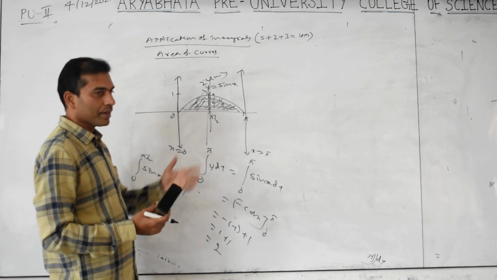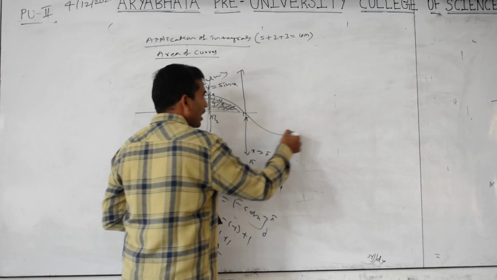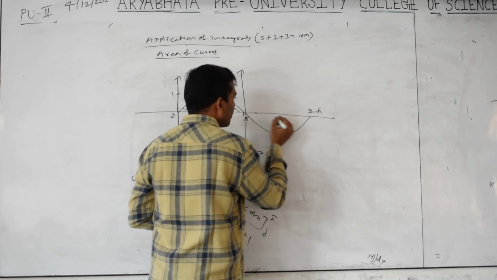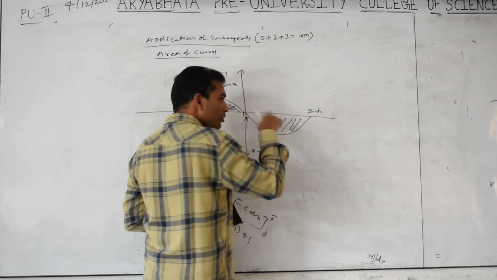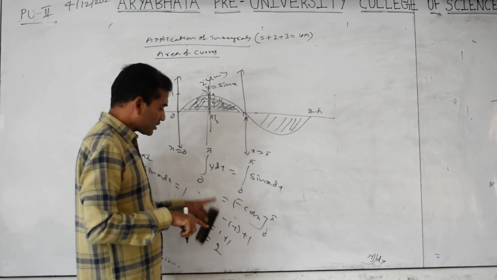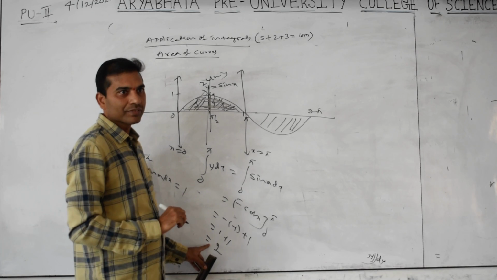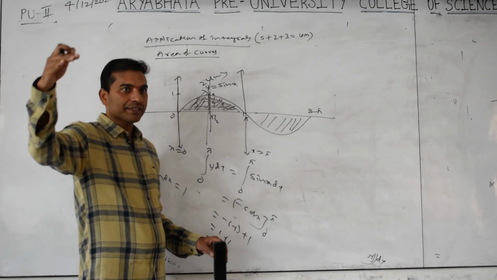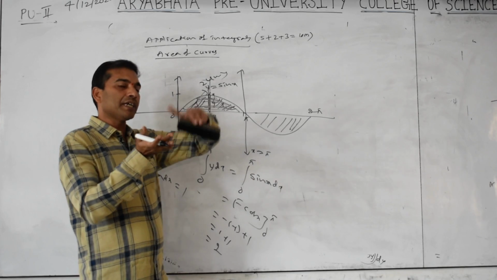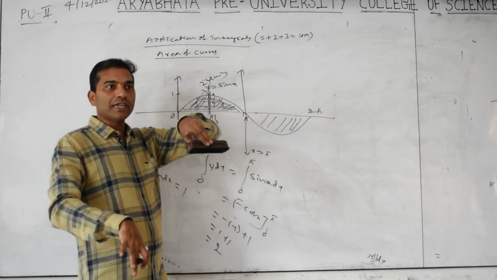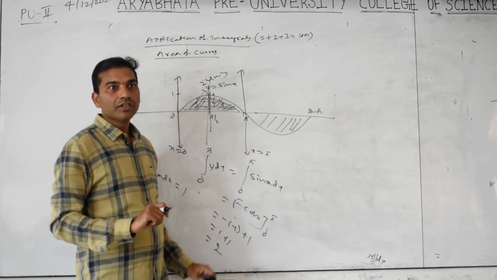Same, if you continue up to 2 pi, this is how much area? 2 units only. But while solving you will get minus 2, then multiply by minus. So in the shape of sin x, either upside the x-axis or downside the x-axis, how much does it occupy? 2 units.